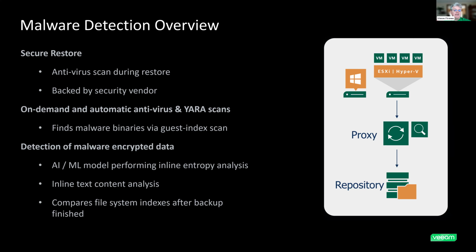And then we have the detection of the encrypted data, and this is where AI and machine learning give us the ability to go through and identify if things have changed. As an example, if the malware is encrypting the data, we can detect that.